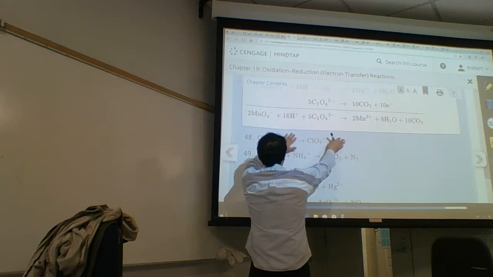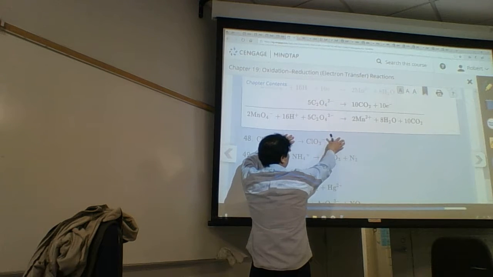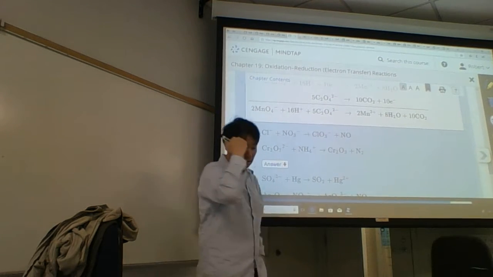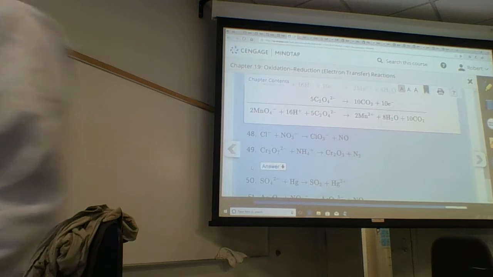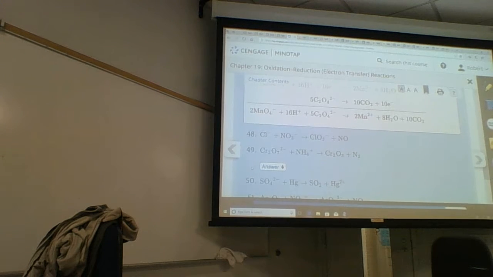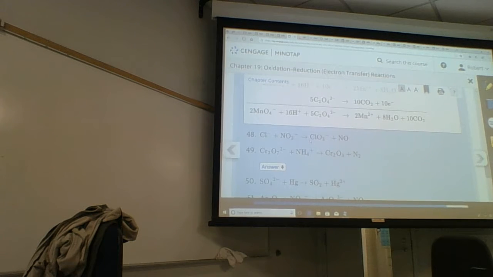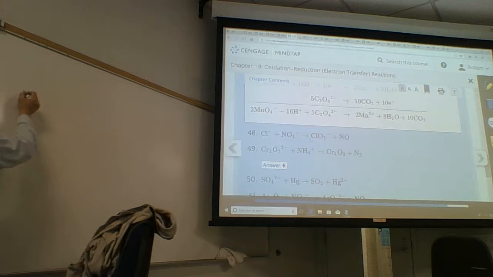And then I have minus, and then plus 6, that gives me plus 5, so I need how many electrons? I need 6 electrons. Bring it back down to minus. So the other half reaction is going to look like, oh, it's not there. I thought they answered it there. It's going to look like this.